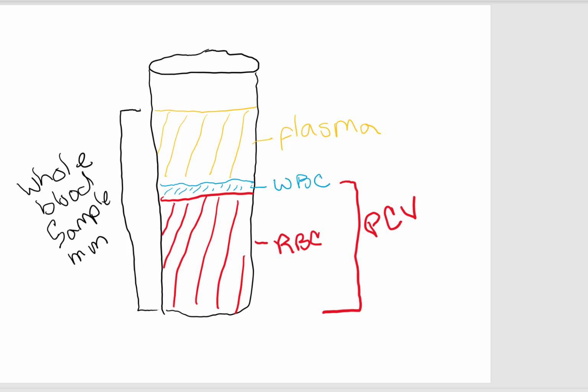And in the end, it means our equation is hematocrit, this percentage, is dividing the packed cell volume, which is really the red blood cell column, divided by the entire blood sample.